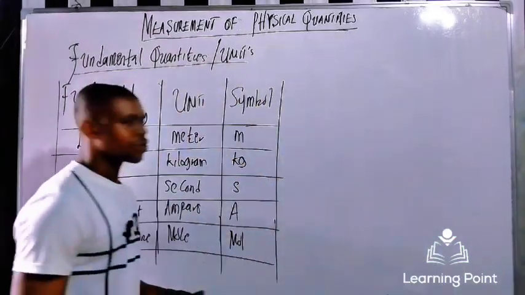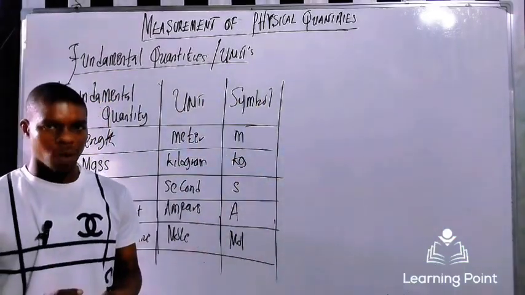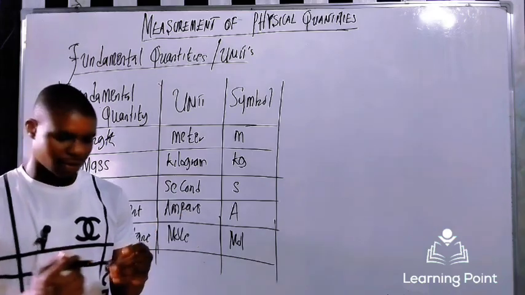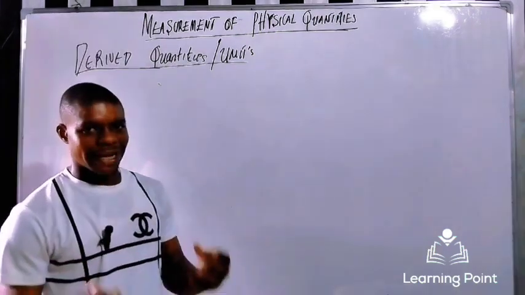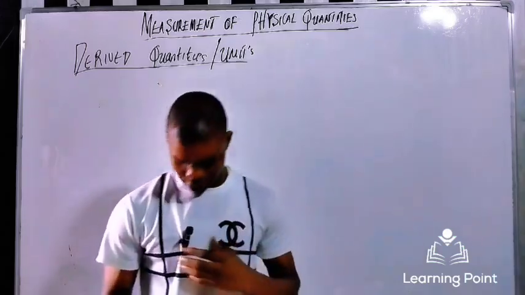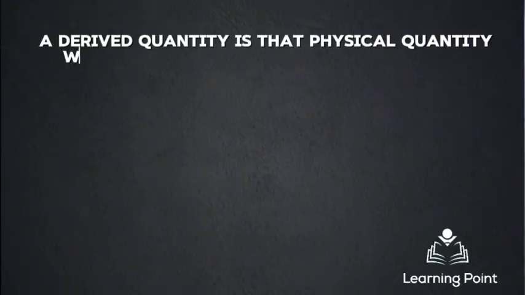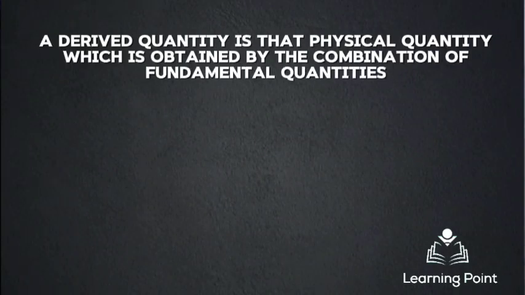The next thing you want to look at is derived quantities and their units. So let's take the definition. A derived quantity is a physical quantity which is obtained by the combination of fundamental quantities.